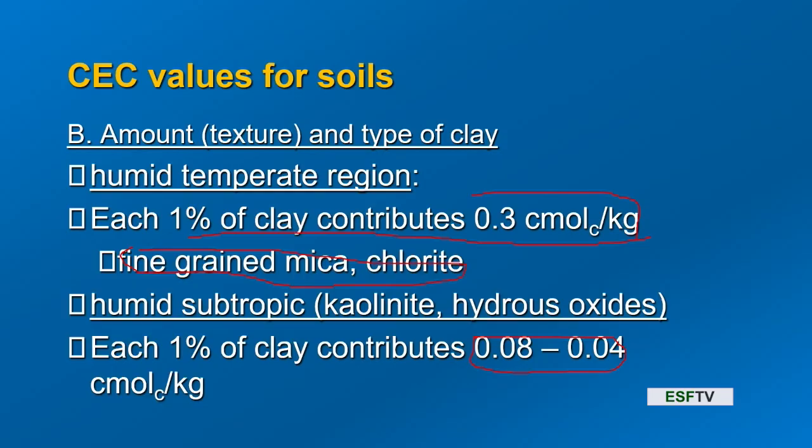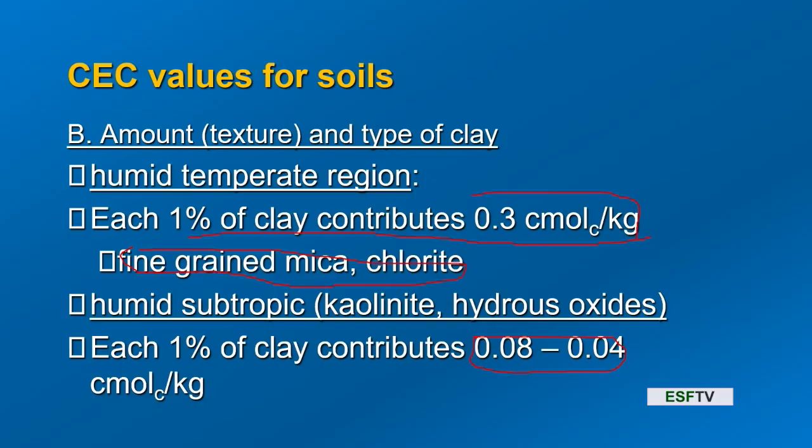And we remember that the average CEC for the hydrous oxides was about 4 centimoles of charge per kilogram, those highly weathered pieces. So again, if we think about that in percent, a hundredth of that, that's where this number comes from. Each 1% of clay contributes about 0.08 to 0.04 centimoles of charge per kilogram, depending on whether you have kaolinite or hydrous oxides. Okay? So this connects pretty nicely with the previous idea.